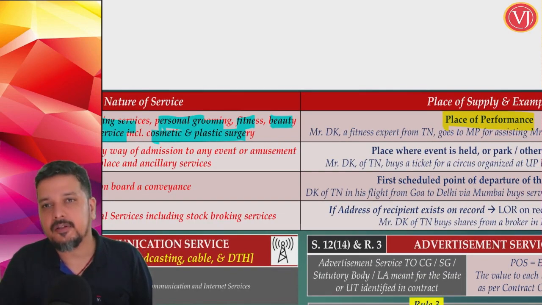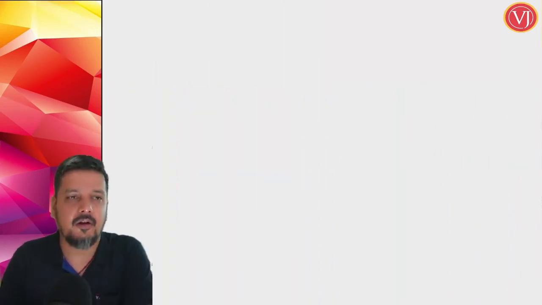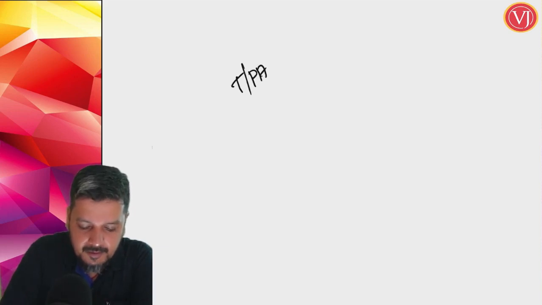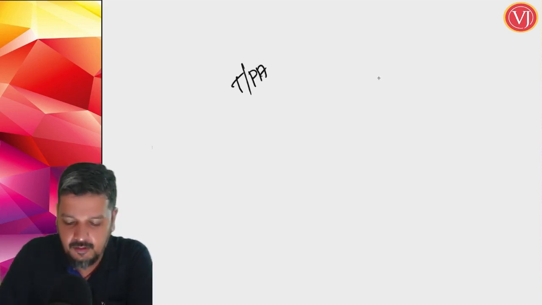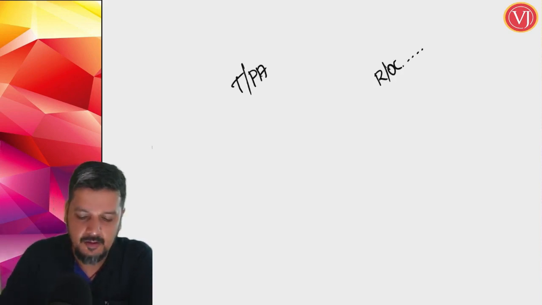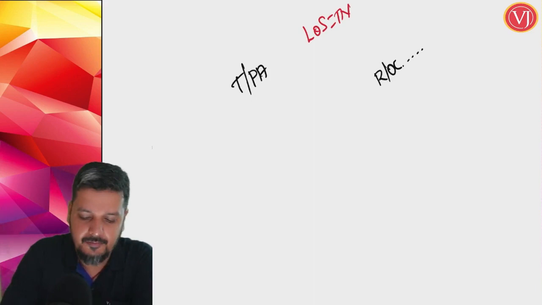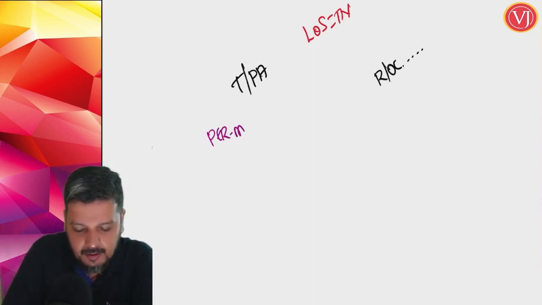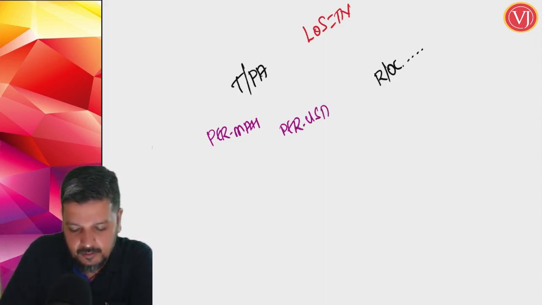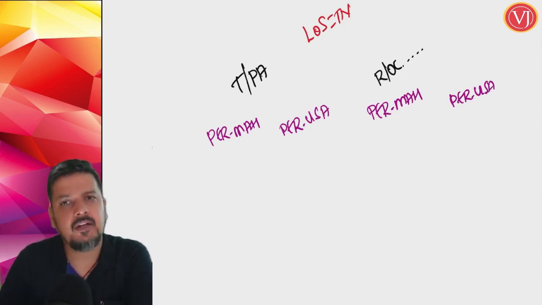Now, how to differentiate it? I'll give an example to make you understand. Here you're talking about training and performance appraisal. Here you're talking about restaurant, outdoor catering, etc. Both are performance based services. In both cases, we'll fix the location of supplier as Tamil Nadu. The performance may be happening in Maharashtra, or in, say, the USA.